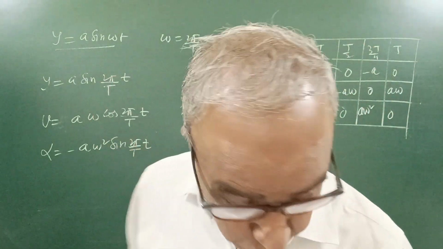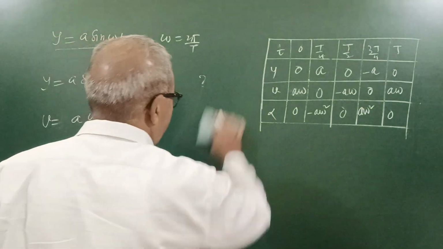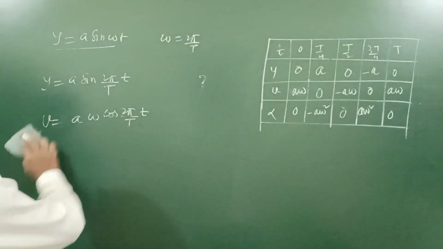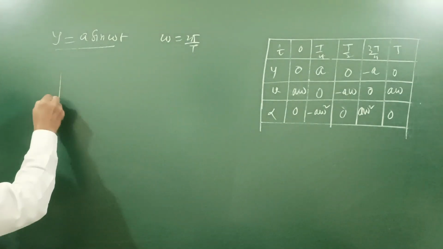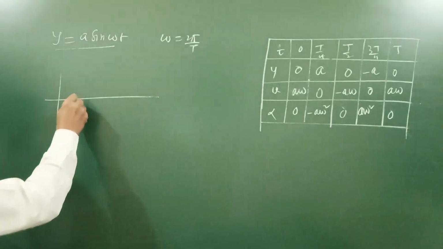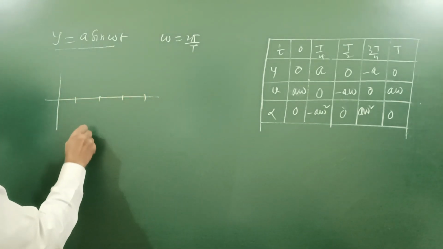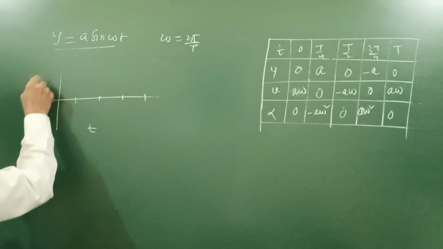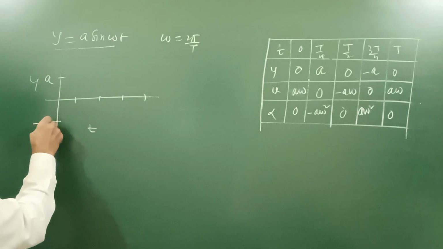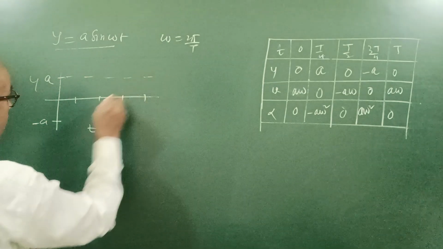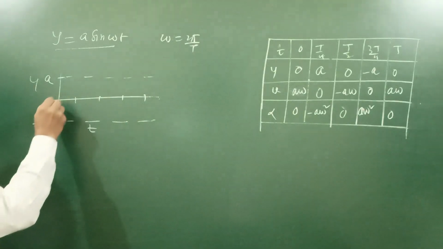Now we will plot the yt graph, the displacement time graph. If I plot the yt graph here, with t by 4, t by 2, 3t by 4 and t, here y value is a, minus a. This is very important to learn.